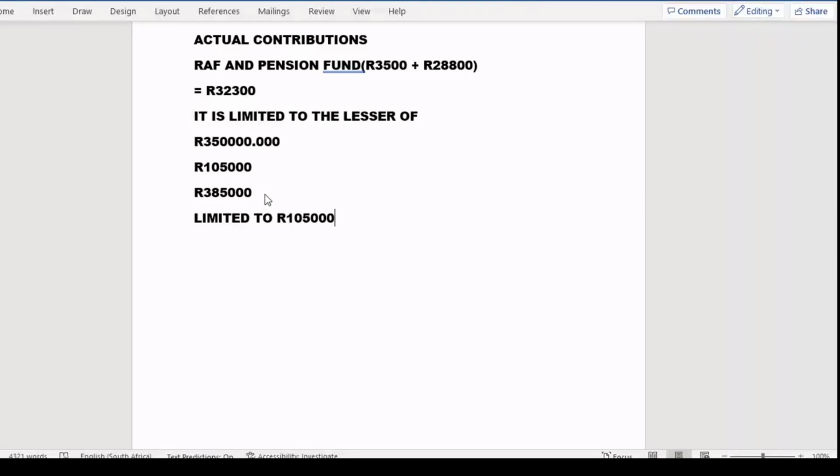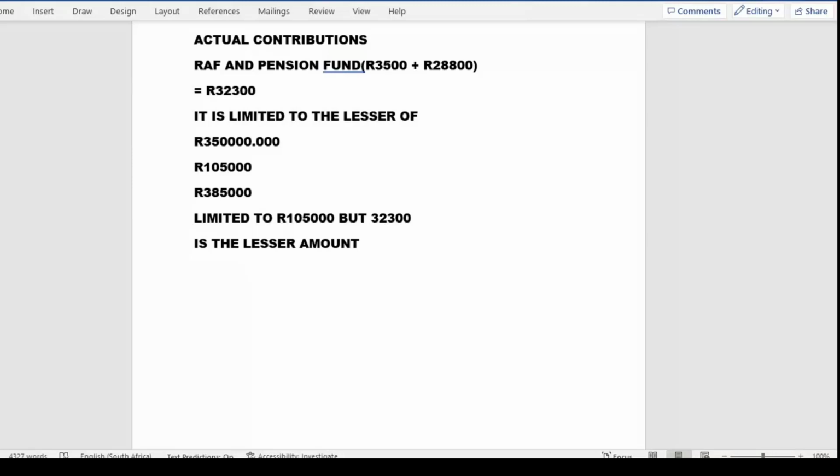Okay, but 32,300 is the lesser amount. So it's the one that is actually going to be deducted.